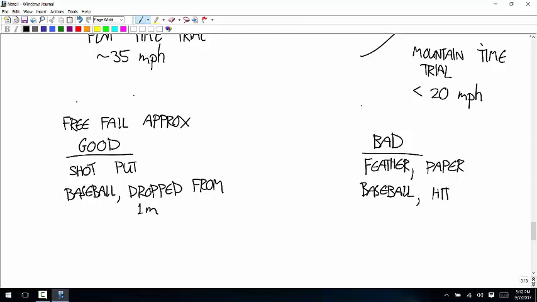And that's just because, it's exactly the same thing. It still has the same mass, the same surface area, but when it's dropped, it never gets going very fast. When it leaves a bat at 120 miles an hour or something, it's going fast enough that air resistance has a huge effect on its motion.